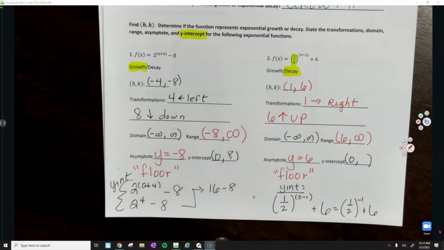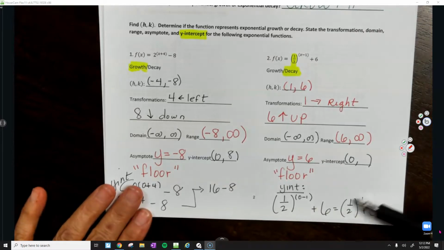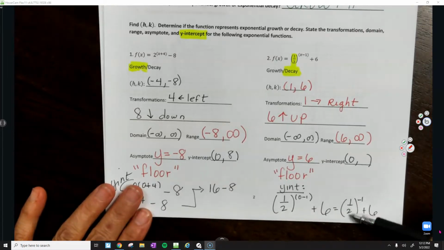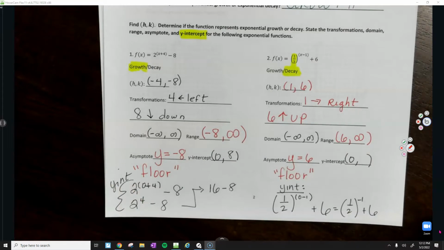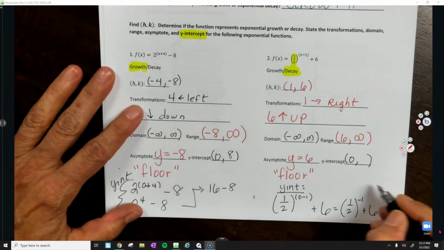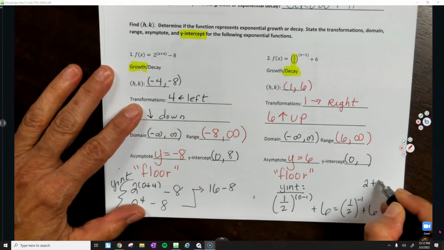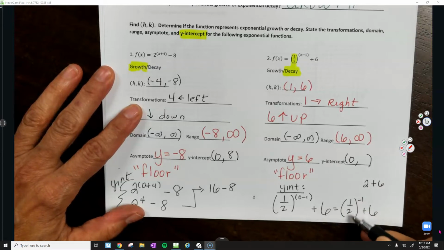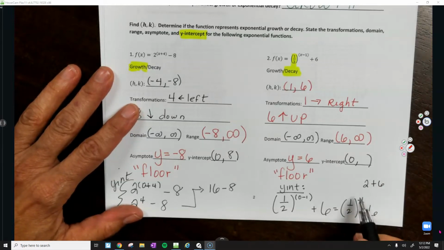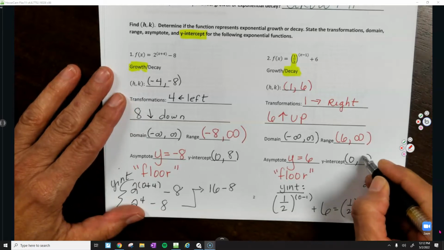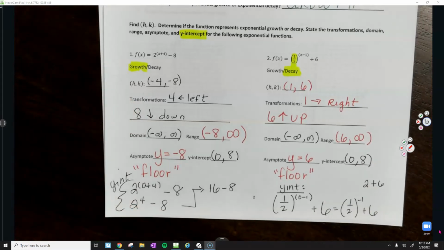So you can have negative inputs, you just have to compute them as positive. So this -1 being distributed to this fraction is going to flip the fraction. So this is just going to turn into 2 plus 6, because that would turn into 2 over 1, which is a whole number. So our y-intercept for number 2 happens to be the same. It's going to be 0, 8.